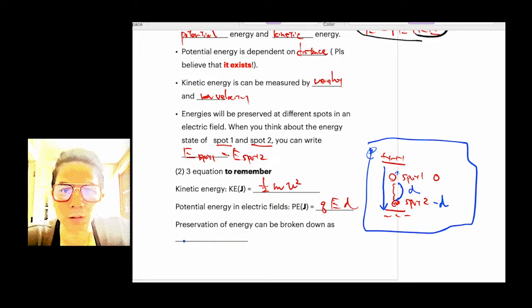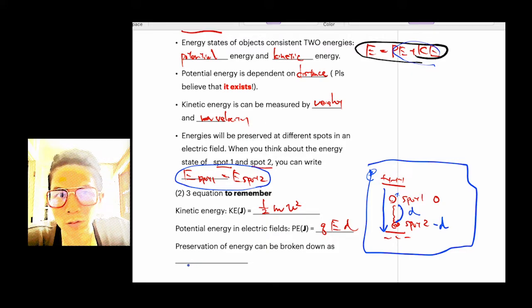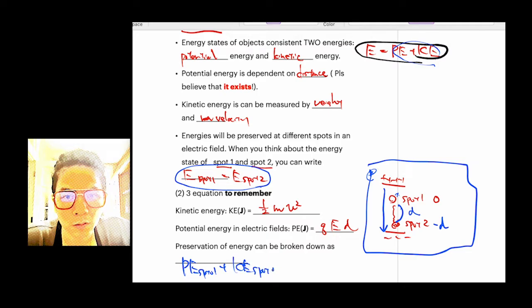And again, the conservation of energy. I told you that this equation is the most important equation, and this one too. If you plug PE plus KE into this one, you can write PE at spot 1 plus KE, kinetic energy at spot 1, equals PE at spot 2 plus KE at spot 2.